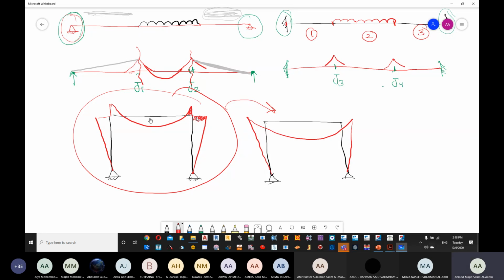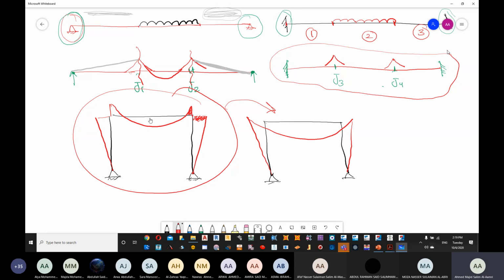Can we go for the second one? Now, for the second scenario, what is the main difference between scenario number one and scenario number two? The main difference was the support, right?